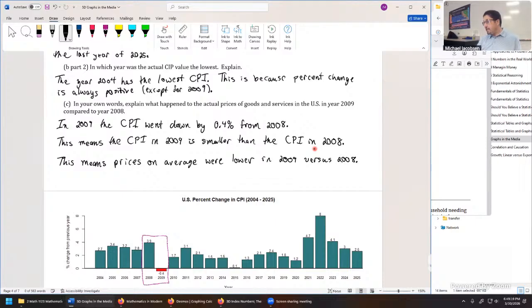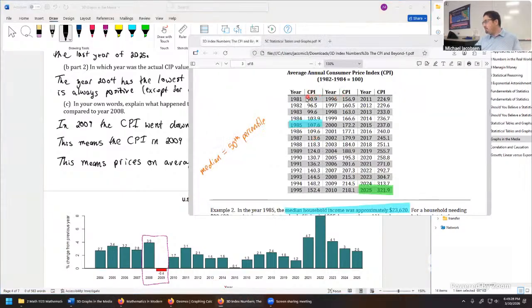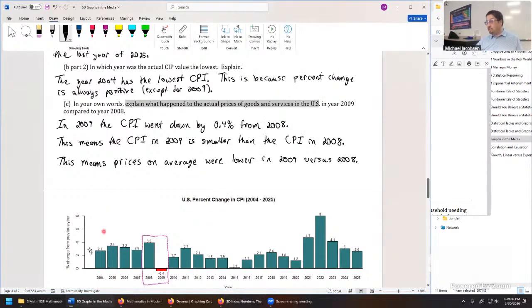Again, in my lifetime, I think this is the only time that's ever happened. So it's kind of strange to see this. But I'd have to double check these other years to really make sure that's true. It looks like it's always going up. I don't think there's any other exceptions if we put this entire table into this graph.